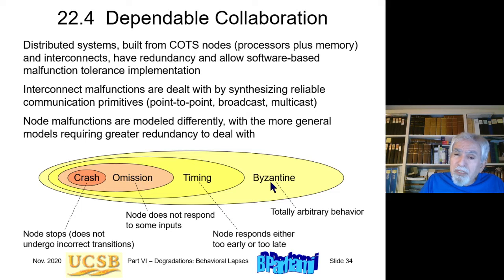In other words, it will show the most damaging kind of behavior to mislead the rest of the system. So Byzantine malfunctions are the worst kind. Crash malfunctions are the most benign kind, the easiest ones to deal with in designing robust computations.